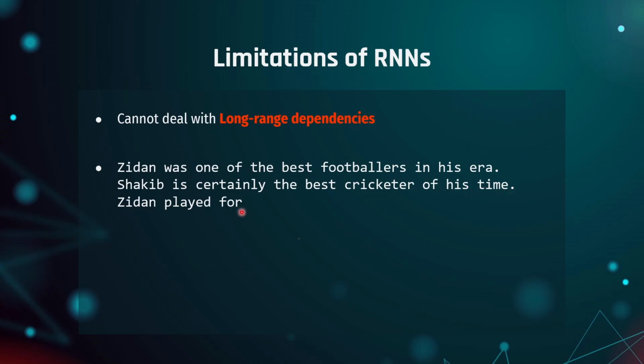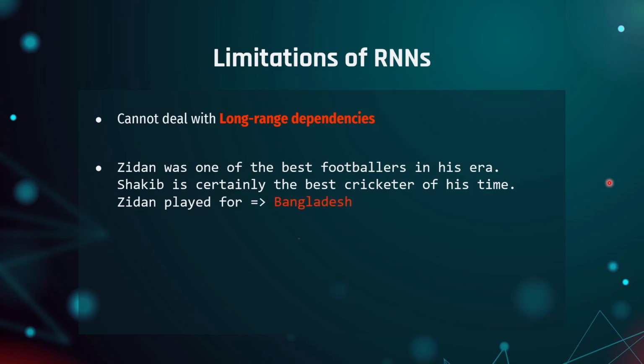So if we want to predict the next word given "Zidane played for", what should be the output? If we apply our concept of word embedding, we know Zidane is very similar to France, right? So the next word that it should produce is France, but it's highly likely that our recurrent model would predict Bangladesh, right?